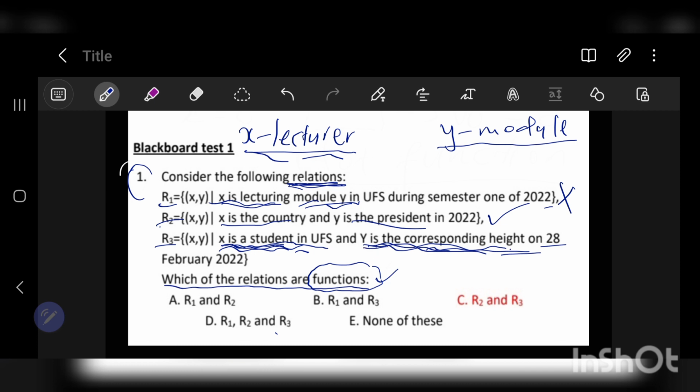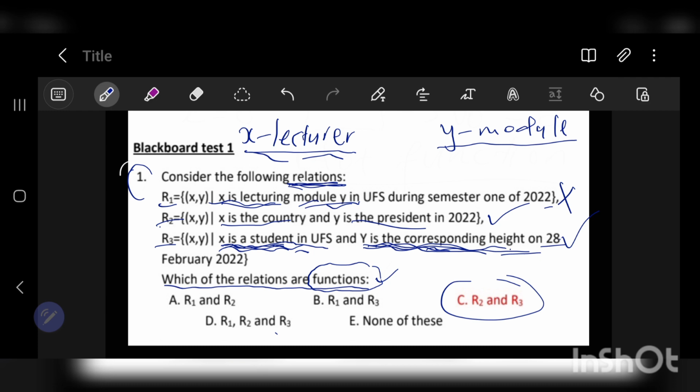No, you can't. You will find the same height. So each input is related to one output. Each student can only have one height on that particular day. So this qualifies it as a function. That's why our correct answer is C in this case. I hope things make sense.